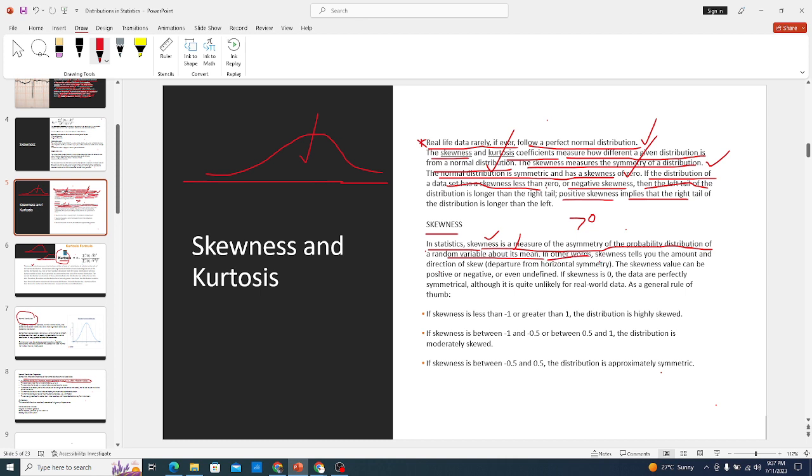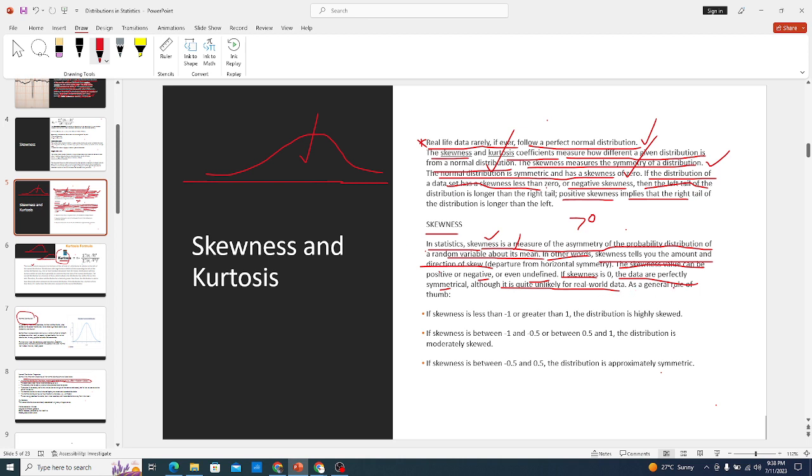In other words, skewness tells you the amount and the direction of the skew in a data set. The skewness value can be positive, negative or even undefined. If skewness is 0, the data are perfectly symmetrical, although it is quite unlikely for real data to be perfectly symmetrical or to have a perfect normal distribution.